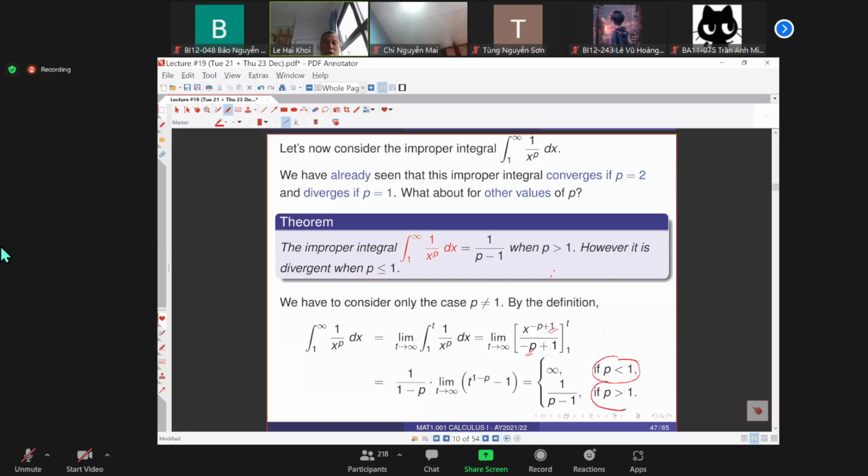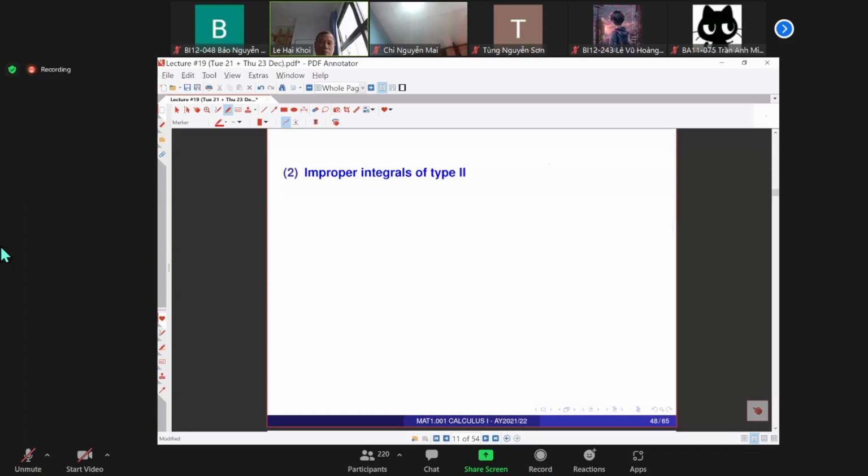So pay attention to this integral because you may use it many times for your tutorial, for your exam, and for your life. Next, we talk about the integrals of type 1, which means from c to plus infinity, from negative infinity to some c, and from negative infinity to infinity. All these are integrals of type 1.